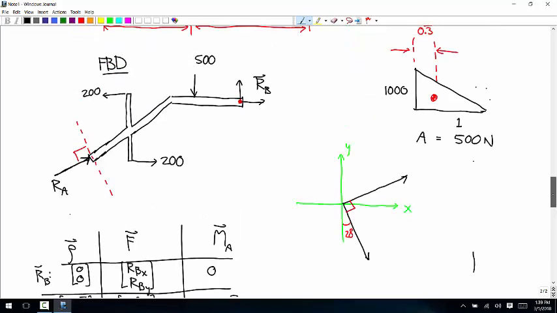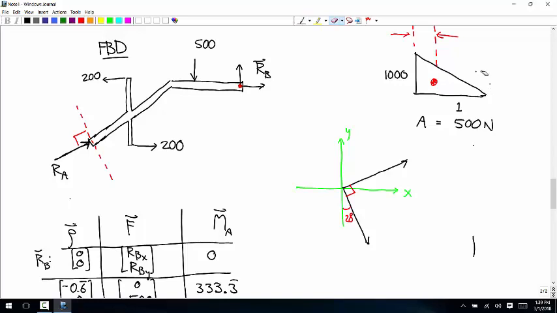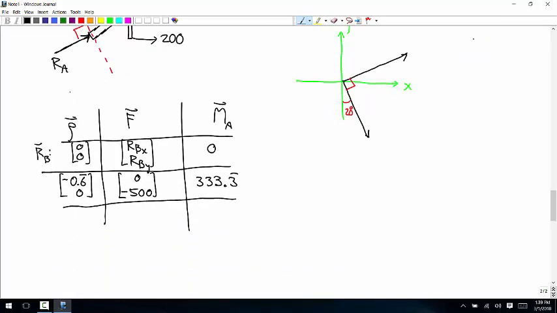Okay, and then now we're to those two forces that make up that couple. If we're starting at the origin, what are the coordinates at this point? It's negative 1.5, and then you haven't gone down at all, so the rho vector is negative 1.5, 0.